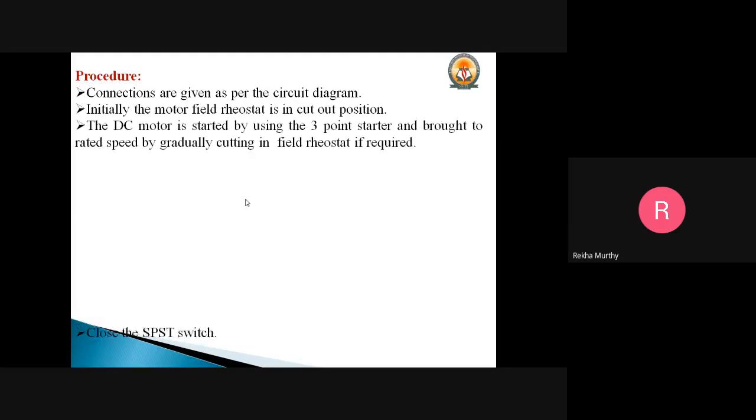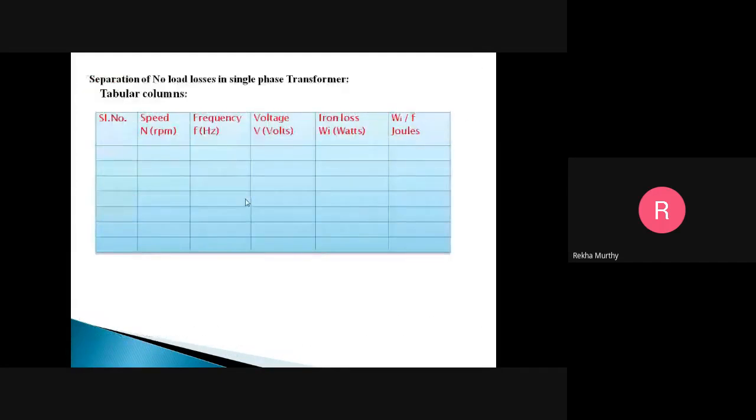Then we have to take down the tabulations. We need to note down the speed, calculate the frequency, and note down the voltage simultaneously, along with the iron loss indicated by the wattmeter.